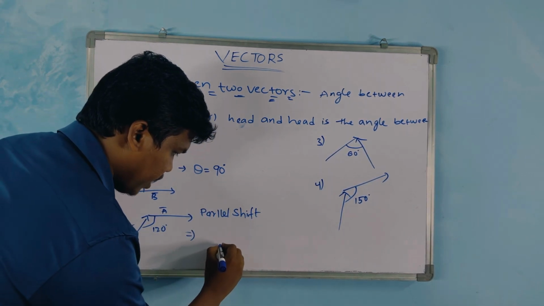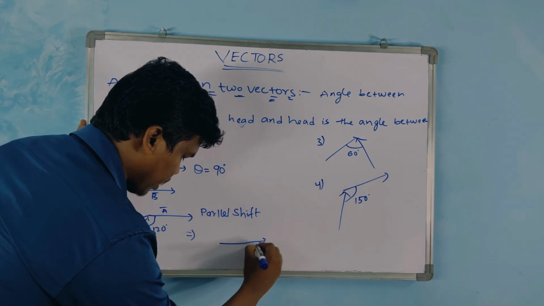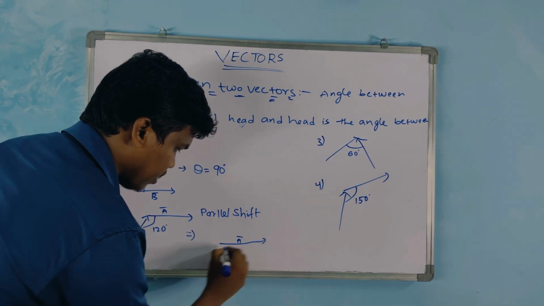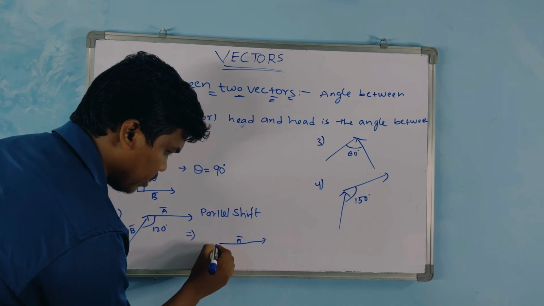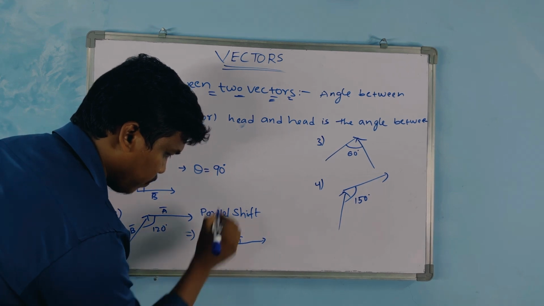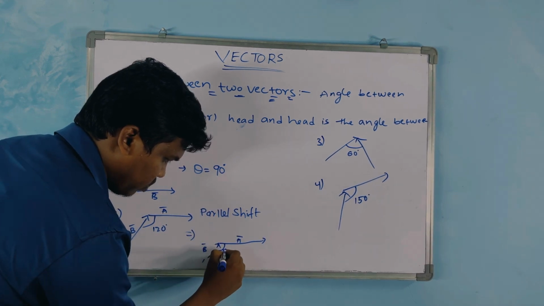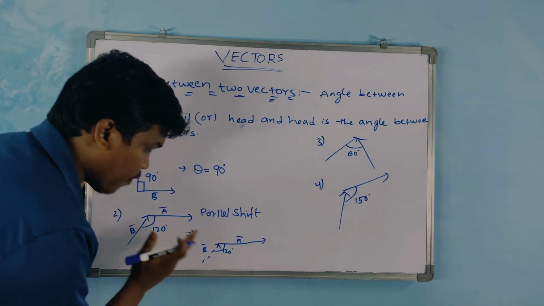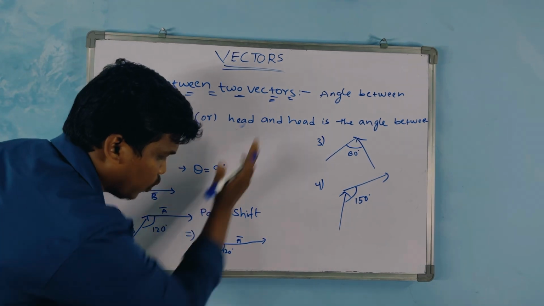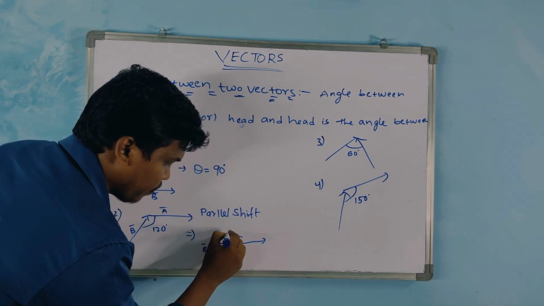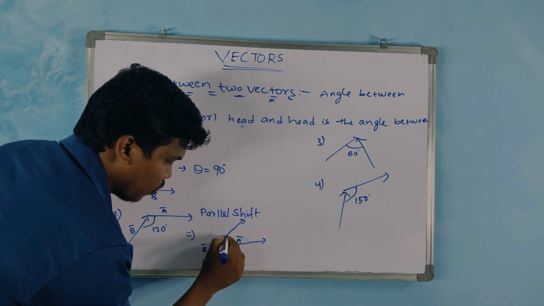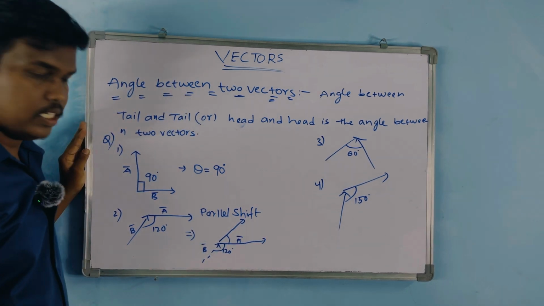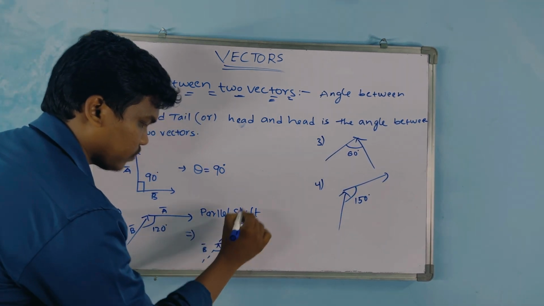See, here I am drawing this vector, that is A bar. Here is the B bar, before 120 degrees. Now I am shifting this B bar upward from here to here. What is the angle between these two vectors?